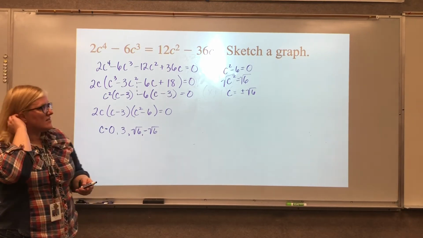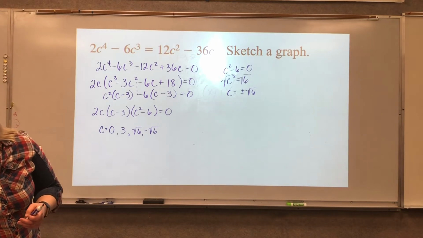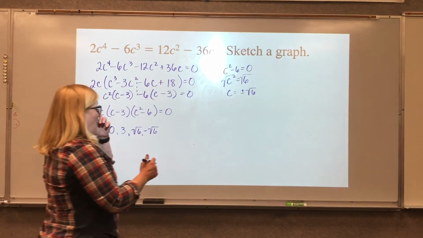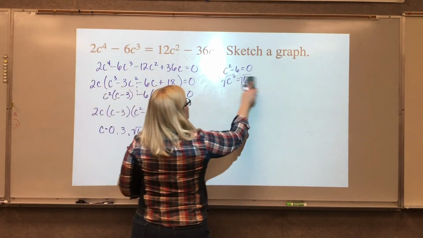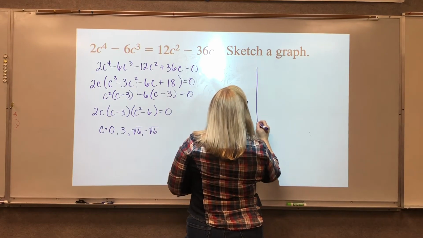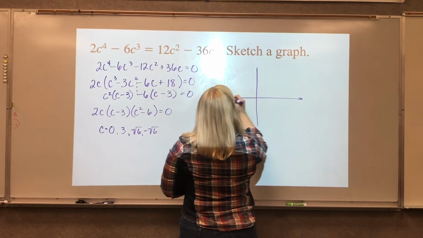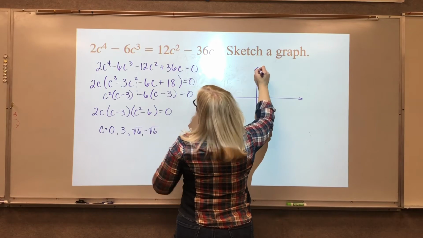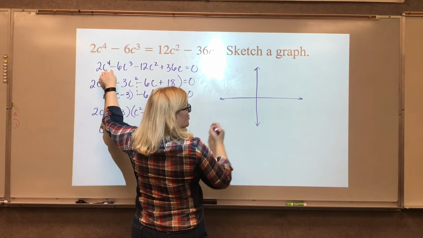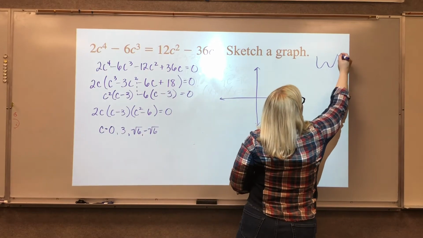Okay, so this wants me to sketch a graph. So I'm going to erase this part. And what I have here, I know by looking at it, it's positive and it's of even degree. So it's going to look something like this.